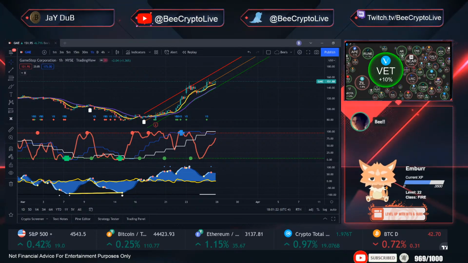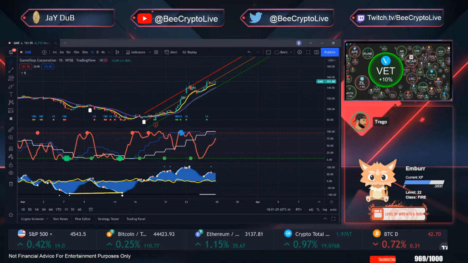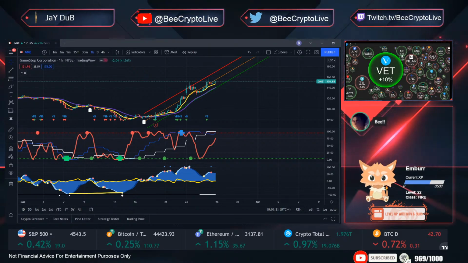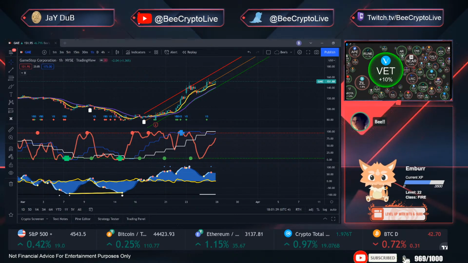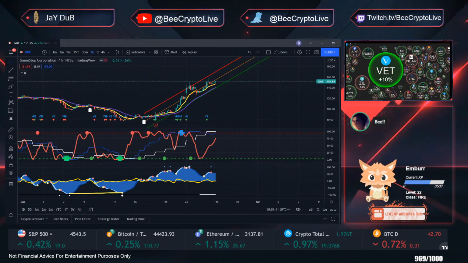Yeah, like you said, it doesn't print the divergence line. Only when it actually happens. And sometimes it'll print and you'll get nothing on the chart. It'll be one and you won't get a big green candle.